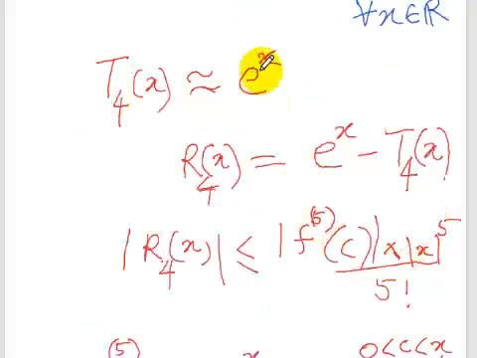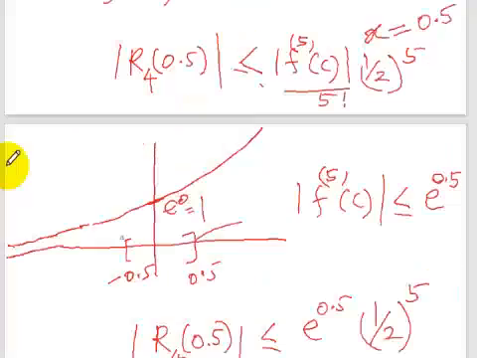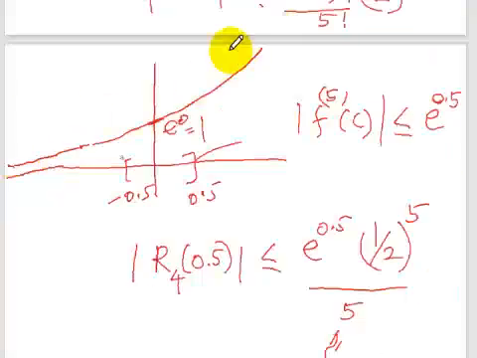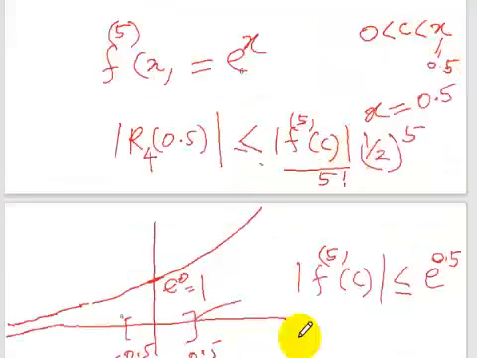We know when you differentiate the exponential function many times, you get the same function, right? And we also know that the exponential function is increasing, so the maximum value occurs at the right end.